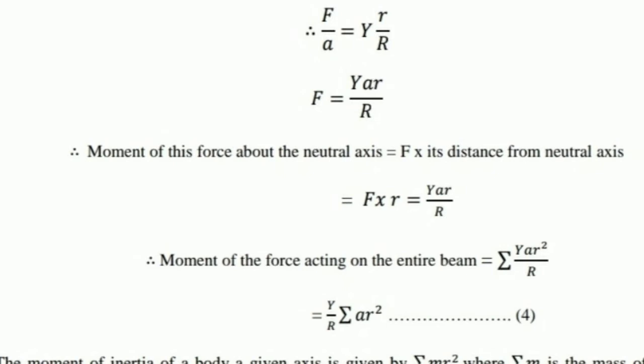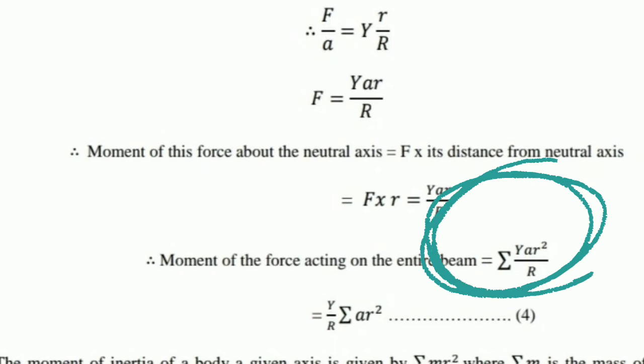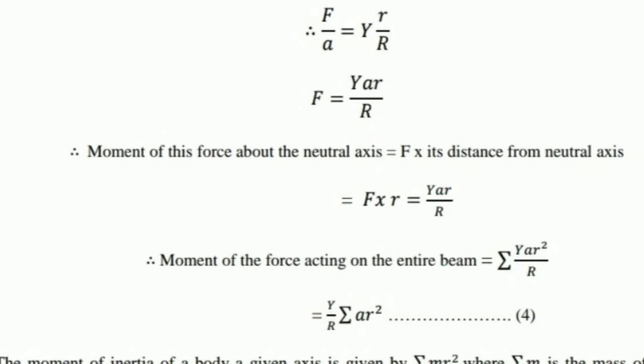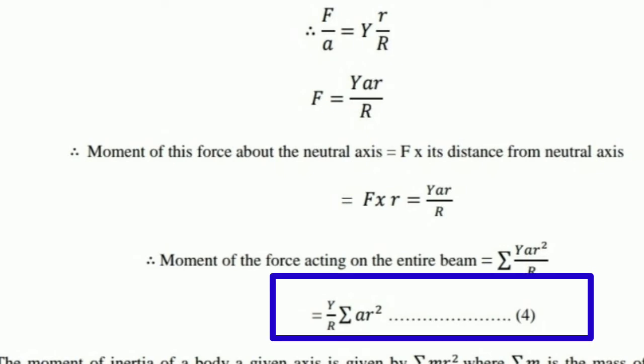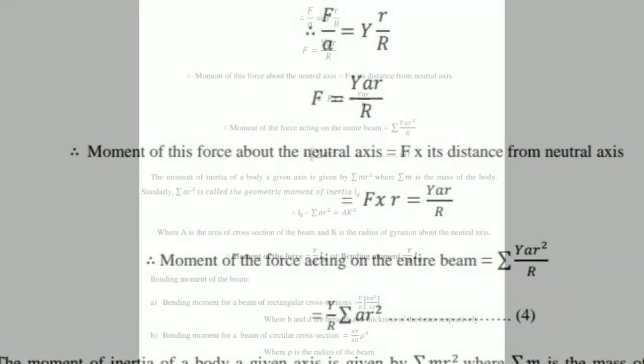Now let us consider this equation for the entire beam. Then we can write the equation as summation of Y A r square divided by R. So the ultimate equation is Y by R into summation of A r square. Take it as equation number 4.